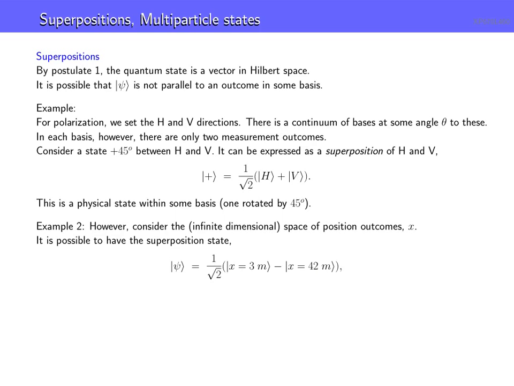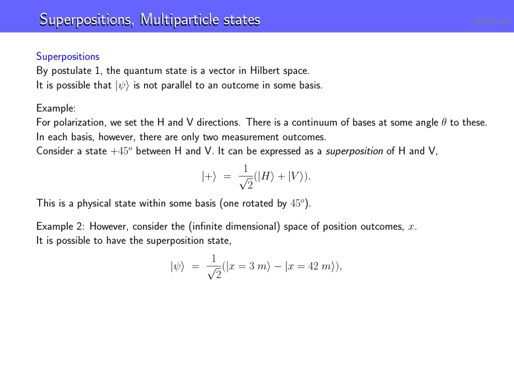And it simply consists of two positions. This would represent a particle that has equal probability to be at the position x equals 3 meters and x equals 42 meters. Now, you might say that's unphysical, but remember, we're not talking about the actual state of the particle. We're talking about the quantum state. The quantum state has a probability to be at 3 and a probability to be at 42.